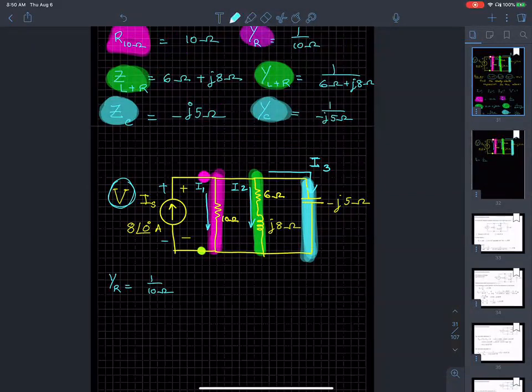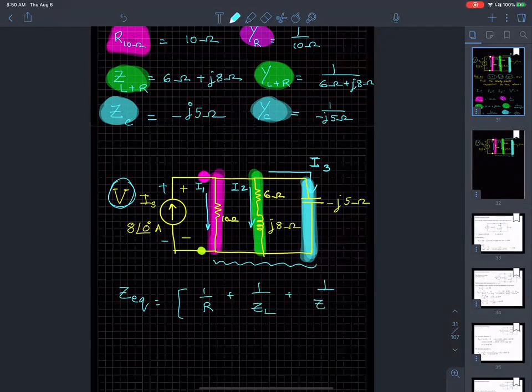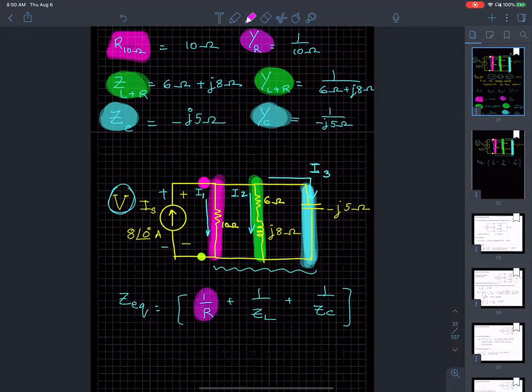If I am to find the overall impedance of the three parallel branches, Z equivalent is equal to 1 over R plus 1 over ZL plus 1 over ZC, all of that inverse.